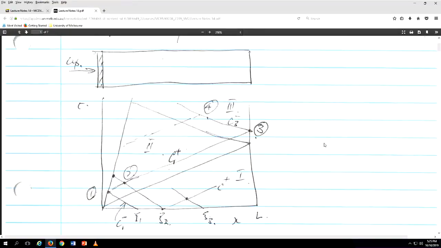What is surprising is what happens when this characteristic meets the piston, because we know that the piston has a velocity and it ain't zero. So I should be able to work out the constant here. On this characteristic, I should be able to work out what the pressure is as a result of the velocity here. And then I know that it's the same everywhere along there, the same constant. All right, so now how does that work?